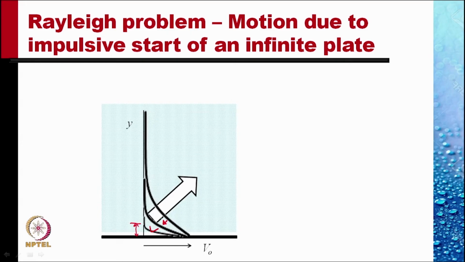And now the effect of the motion of the plate has penetrated to about this height. Above this, the fluid can be taken to be at rest. At a little later time, the effect has penetrated to say up to here.